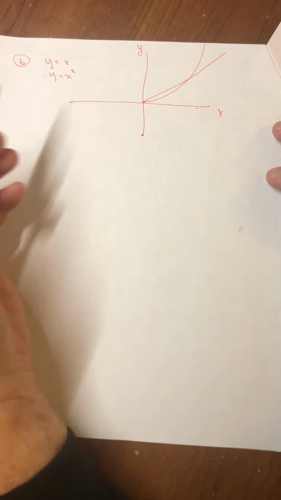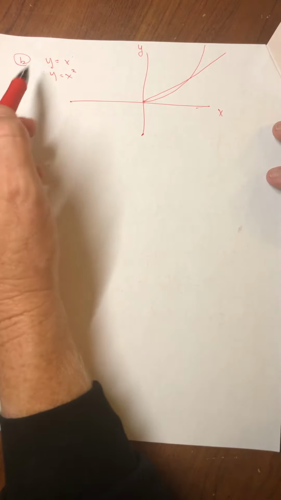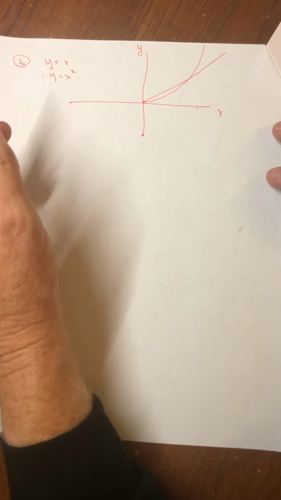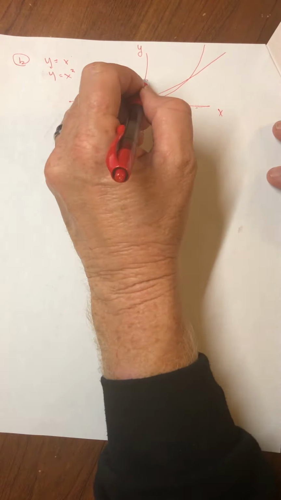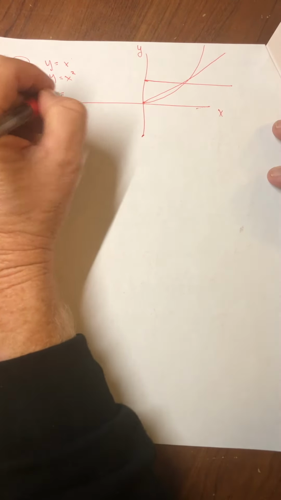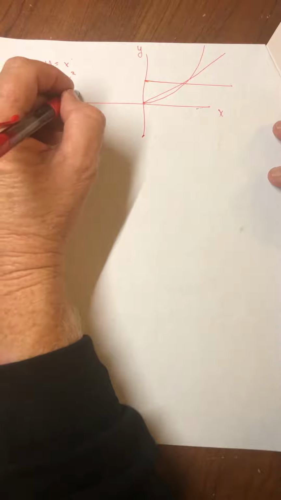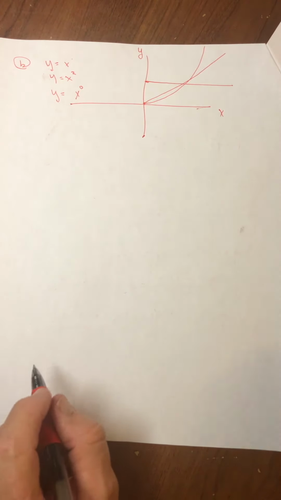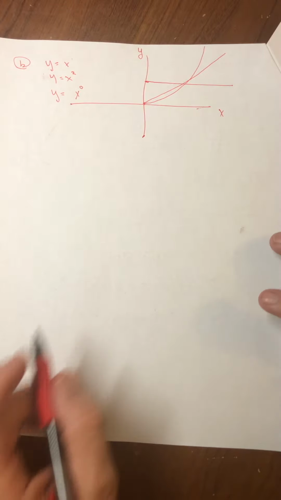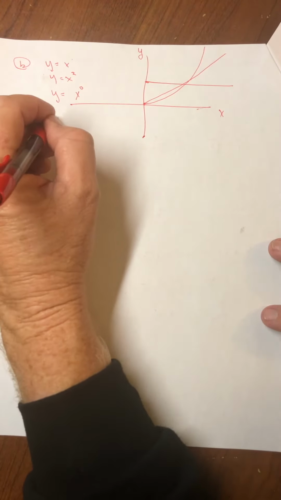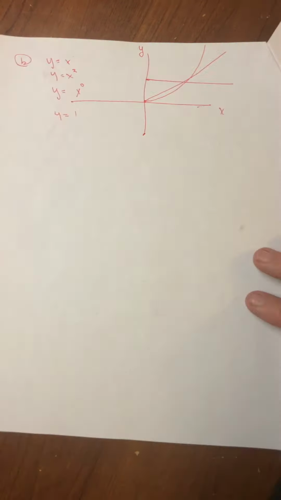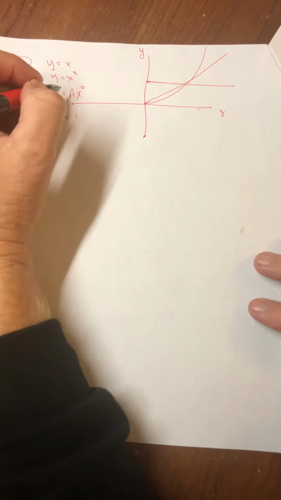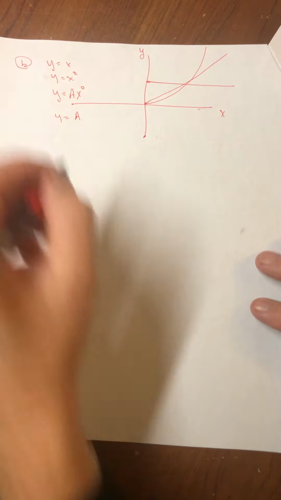Neither of those represent a constant for the value y. What represents a constant would be something that would look like that, which would be y equals x to the 0 power. So 0 power, of course, means just 1. And I guess if you had a constant a in front of it, this would equal a.